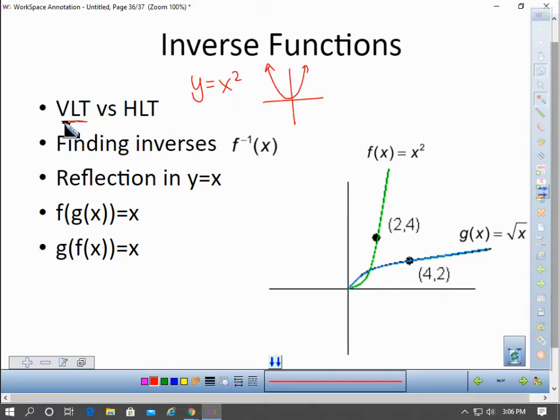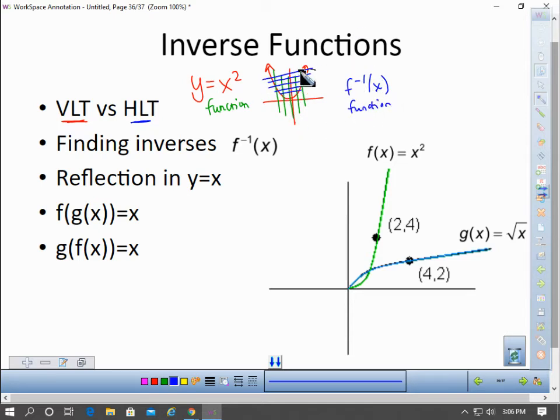If you do the vertical line test, which means you draw vertical lines, and you only hit this function one time, then that means this is a function. The horizontal line test is where you draw horizontal lines on the function, and that will tell you whether the inverse, which if you remember is this notation for inverse, is a function or not.